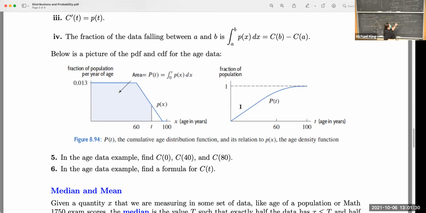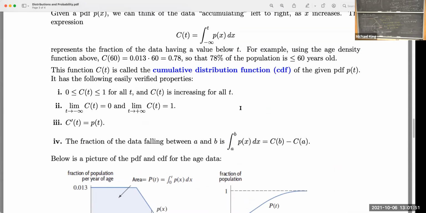You can convert a PDF into a CDF with an integral, I'll show you, and you can get a formula for this accumulation. It's the cumulative distribution function. Even the word function, I couldn't remember. It's CDF, oh yeah.